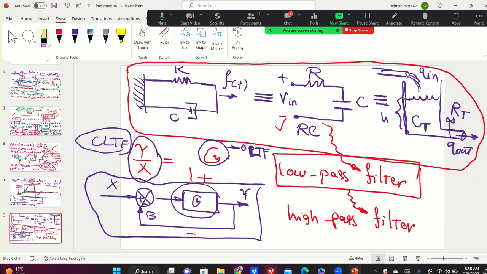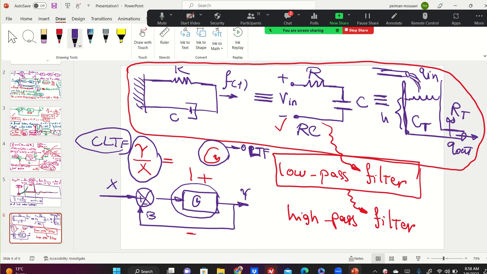This is 1 plus the open loop again. So the open loop is a part of the closed loop transfer function. See what I'm saying? The open loop transfer function is a part of the closed loop transfer function.